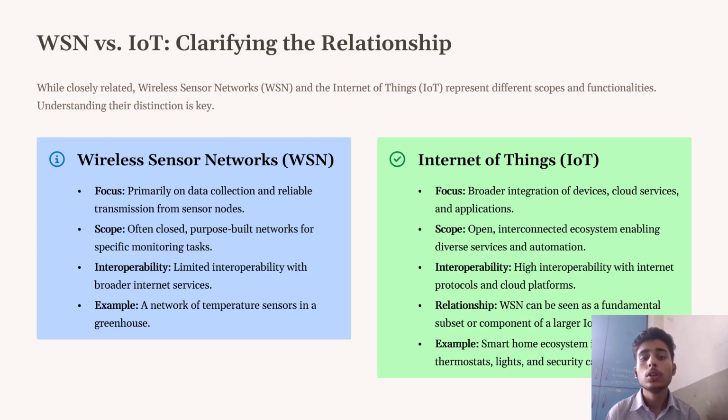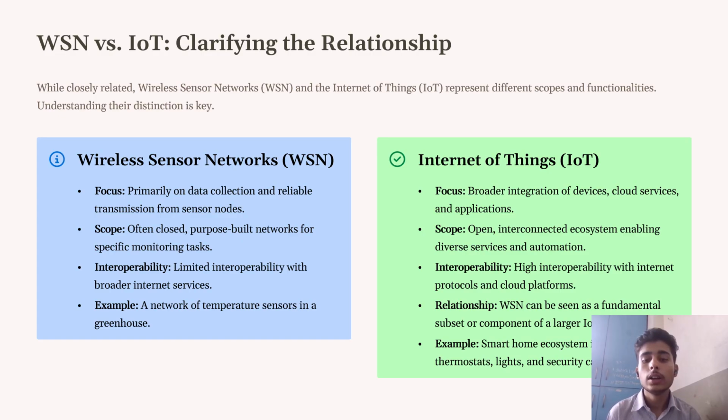Next point is scope. So the scope of a wireless sensor network is closed, and it performs specific monitoring tasks, whereas the scope of IoT is very large or open, and it provides diverse services and automation. Third point is interoperability. So WSN has limited interoperability, and IoT has high interoperability.